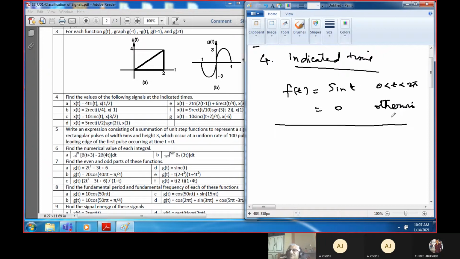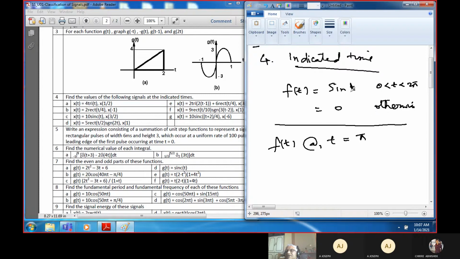So this is the definition of some signal. Now if I ask you, at the indicated time, tell me what is f of t at t equal to pi. You have to give me the answer for this one.